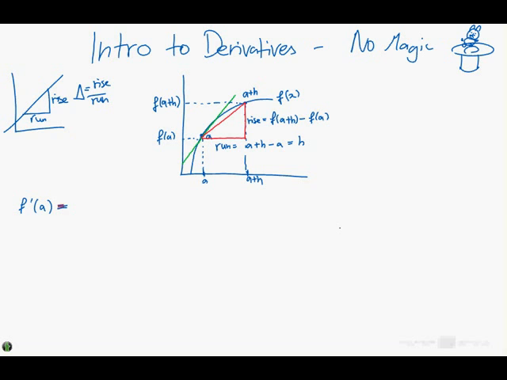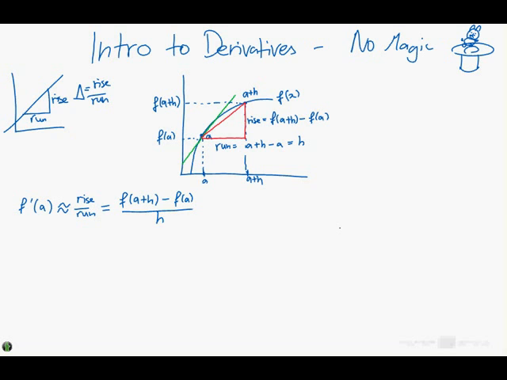Because it's an estimate, I want to just do that. Now we know that it is roughly equal to rise over run, which we saw over there as f of a plus h minus f of a over h, right?